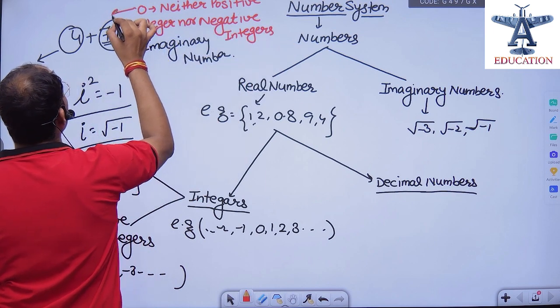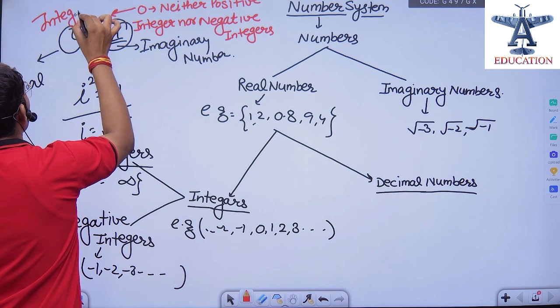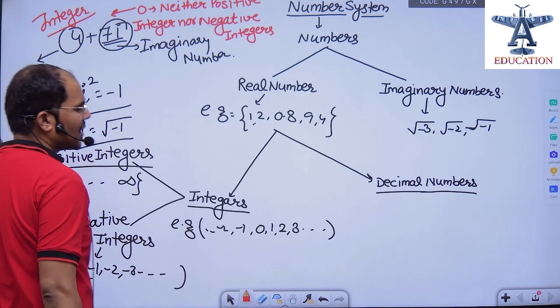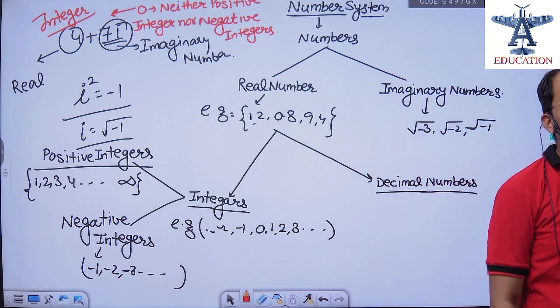But 0 is an integer. 0 is an integer, but it is neither a positive integer nor a negative integer.